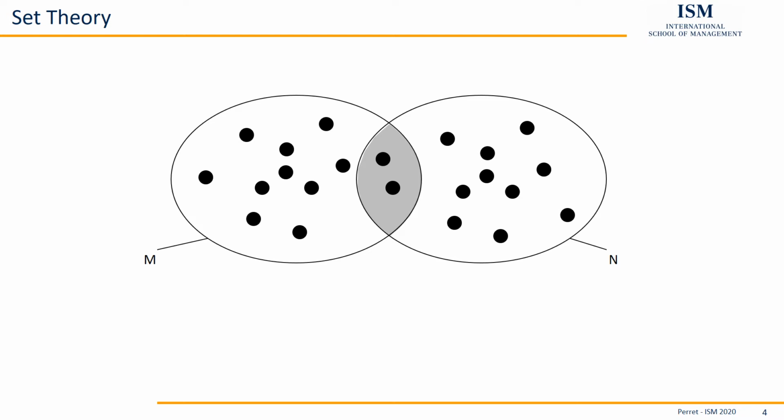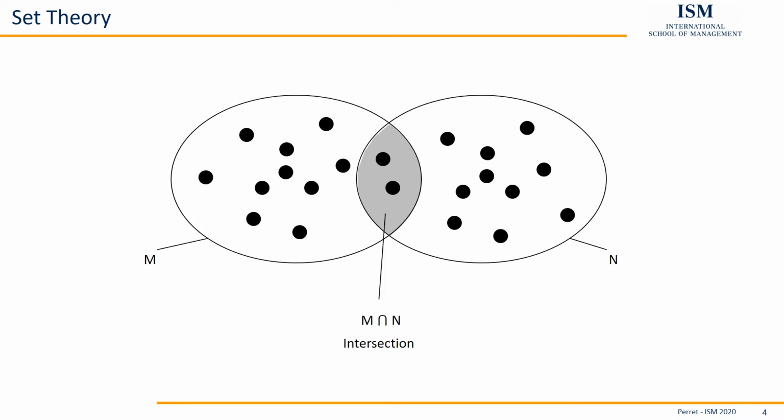And that's why we call this part the intersection of M and N. And when we talk about intersections, we mark this with, well, this looks like a flipped U. This means intersection, so is in M and is in N.